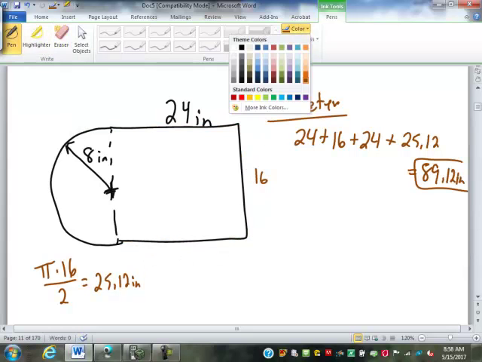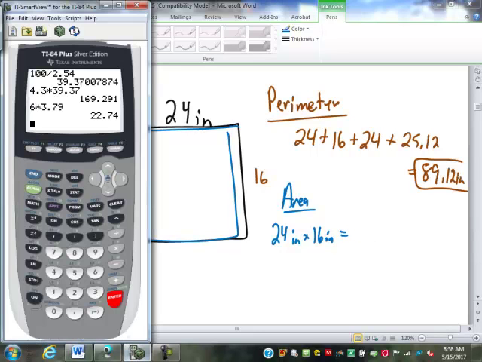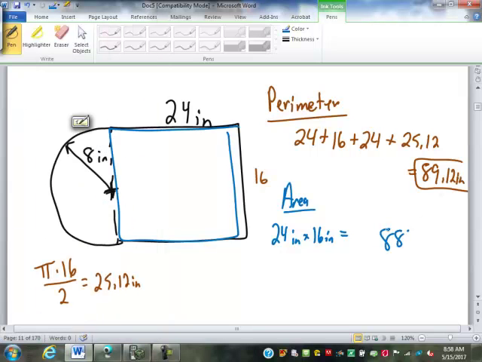For area, I've got a rectangle here that is 24 by 16, otherwise known as what? 384, you're correct.